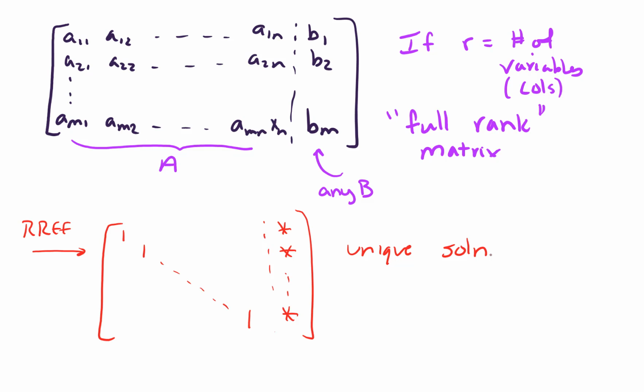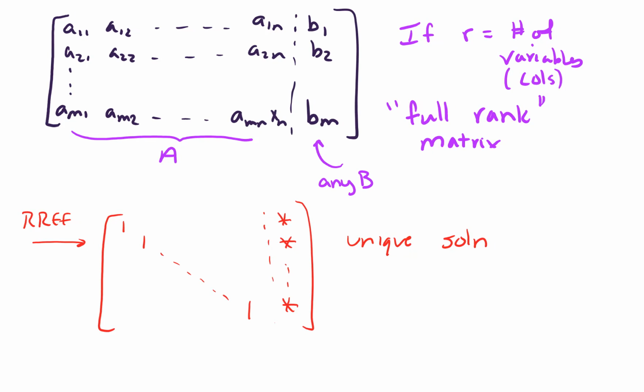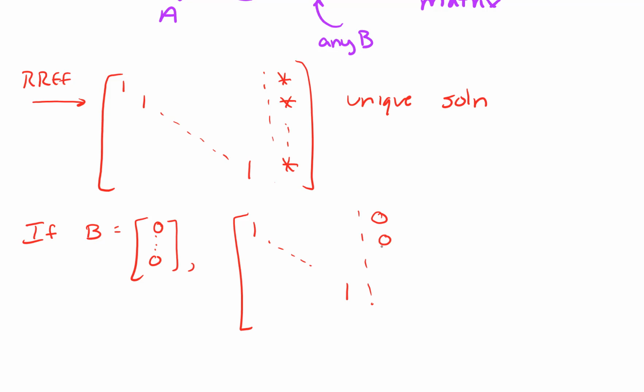So that's one important result. The other thing we'll notice is that this vector B could have been anything, could have been the zero vector. So if that B was a big zero vector, then our augmented matrix, once we RREF it, we'll get a full rank matrix again, but we have a bunch of zeros over here.